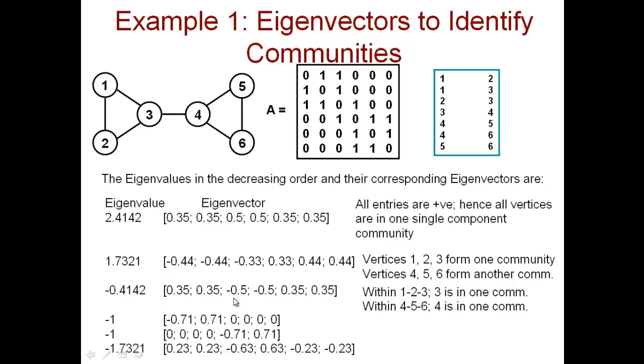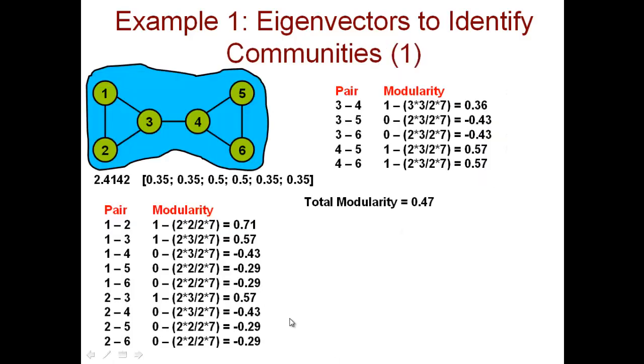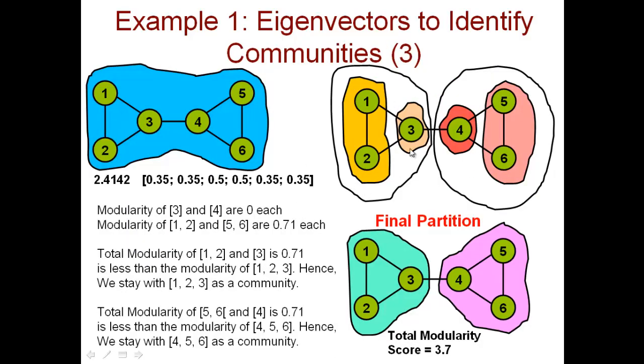So that's what this eigenvector indicates. Similarly, 4, 5, 6 had positive entries in the second eigenvector. Now here 4 is negative, 5 and 6 have positive entries. So if we were to partition 4, 5, 6, 4 would be by itself in one community, and 5 and 6 together as another community. So this is what we're going to end up with.